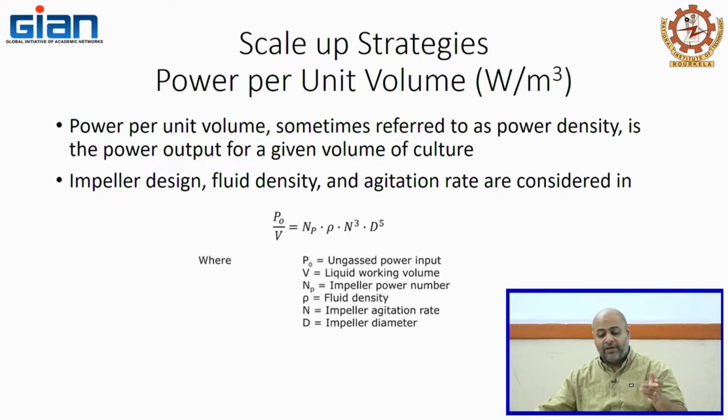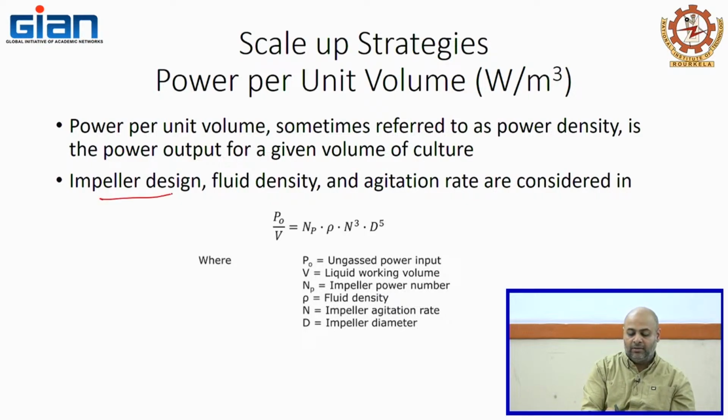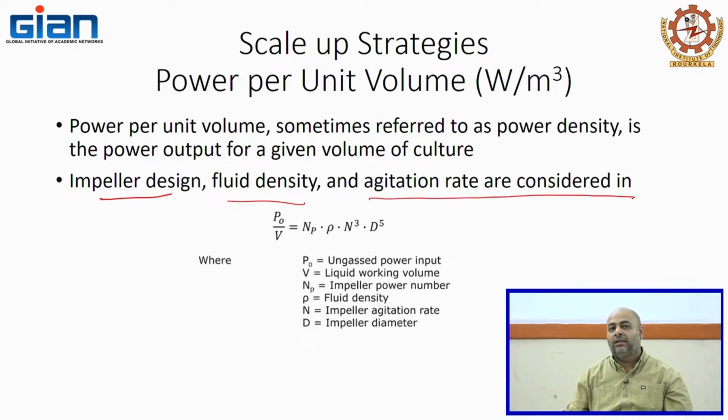Now, the other scale up strategy involves the power per unit volume, the watt per meter cube. The power per unit volume, sometimes referred to as power density, is the power output for a given volume of culture. So, impeller design, fluid density and the agitation rates are considered in the power per unit volume.